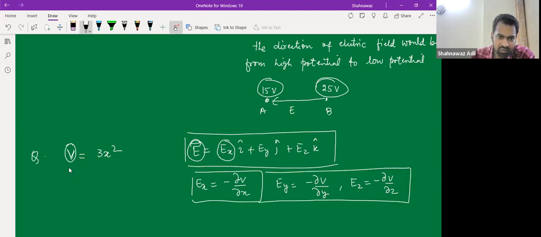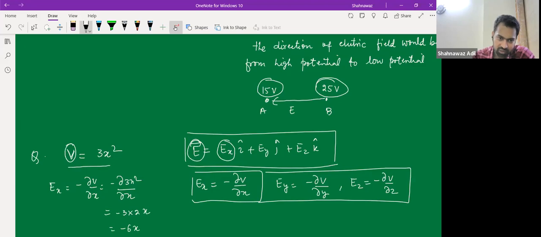So we are given V equals 3x square. So Ex would be how much? Ex would be simply minus dV by dx, which means minus of d(3x square) by dx, which is how much? So this is minus 3 into 2x, right? So minus 6x.